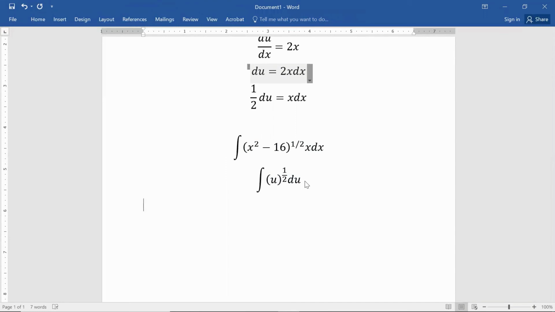And now I'm ready to integrate. If we integrate, remember we raise that power by 1. 1/2 plus 1 is 3/2. And then divide. 1 divided by the fraction 3/2. Well, that actually gives you the fraction 2/3 plus c.